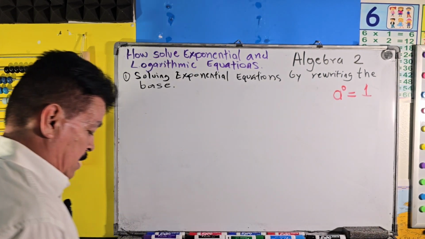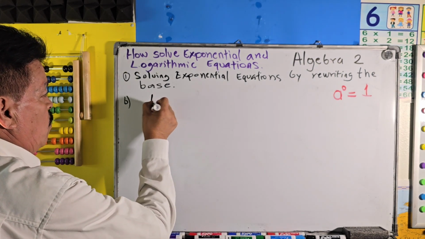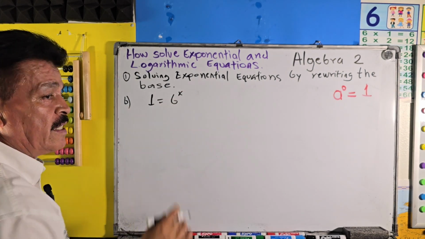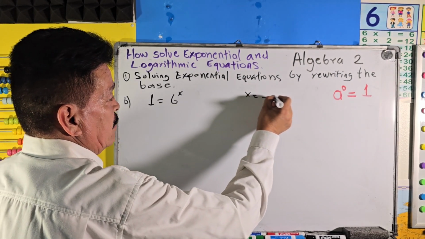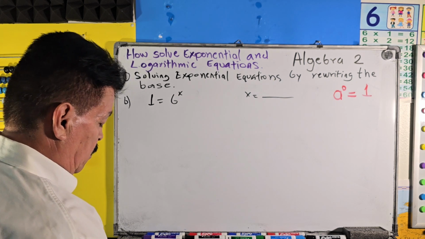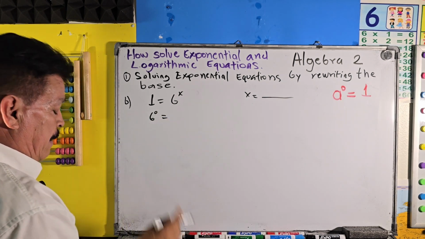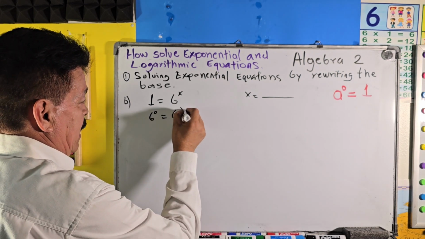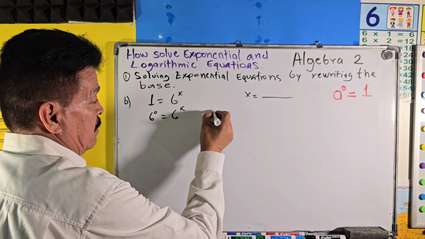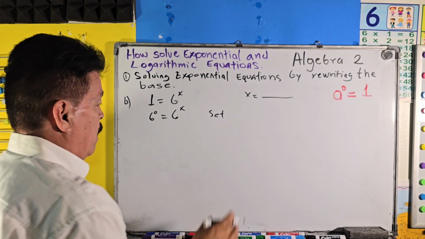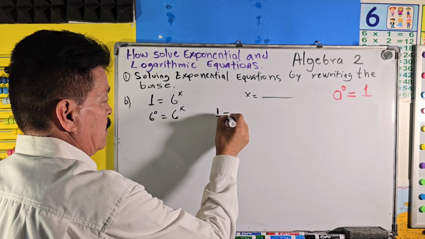Problem number 2. Let's solve 1 equals 6 to the x power. It's very simple, not hard. Here we have to find how much x is. Next step, 6 to the 0 equals 6 to the x power. Using this rule, 1 equals 6 to the 0.